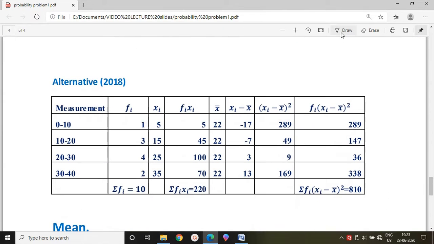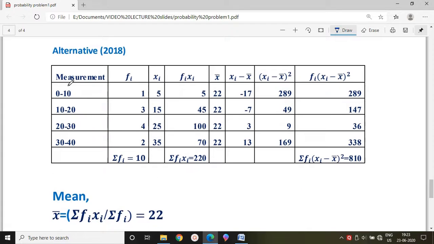In this particular case, you are given the measurement and the corresponding frequencies in tabular form in the question. 0 to 10 is 1, 10 to 20 is 3, 20 to 30 is 4, 30 to 40 is 2 as the frequency, and the xi values I calculated myself by taking the mean of each class. That is what is usually done in a frequency distribution table. 10 to 20 will be 15, 20 to 30 is 25, 30 to 40 is 35.